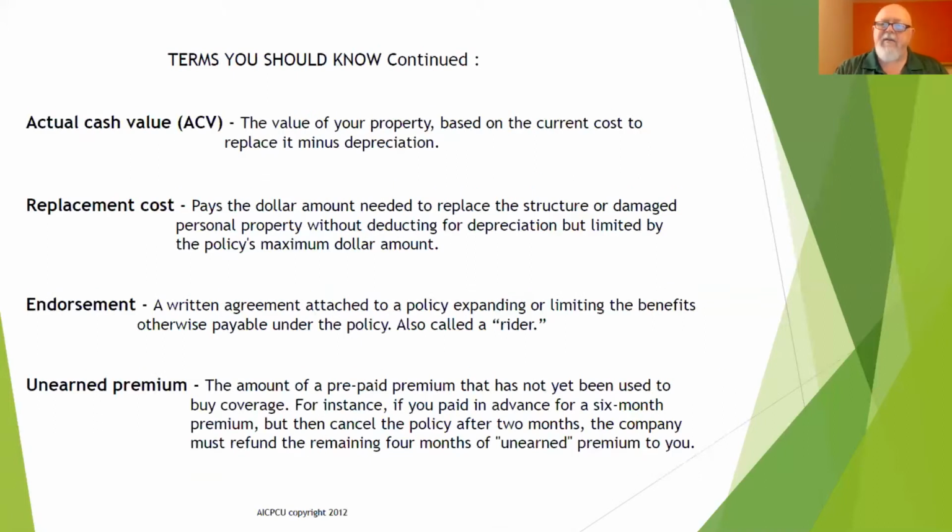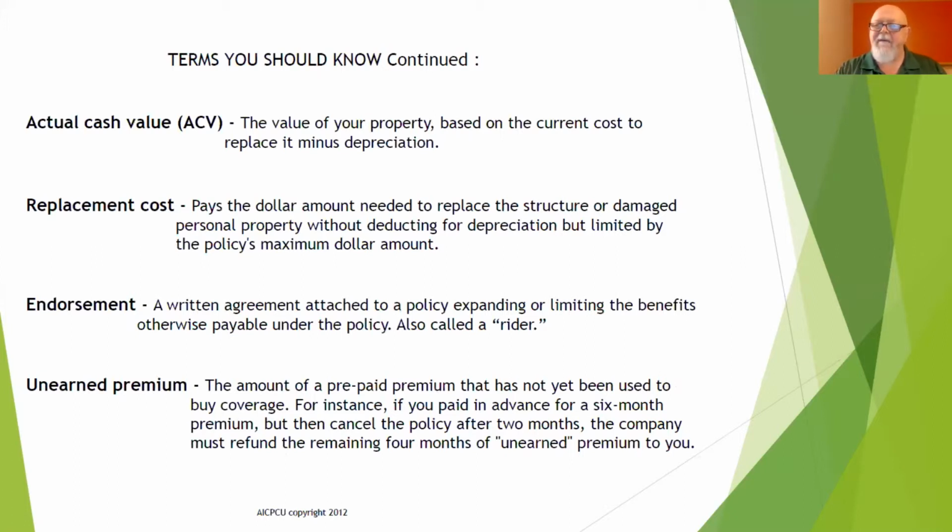Actual cash value. When you're dealing with an HO3 policy, the actual cash value comes into play on personal property. When you're dealing with an HO5 policy, it automatically goes to replacement value or replacement cost. But actual cash value is the depreciated value of the property.